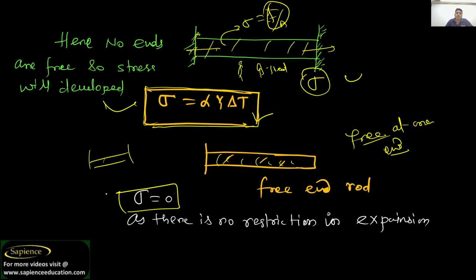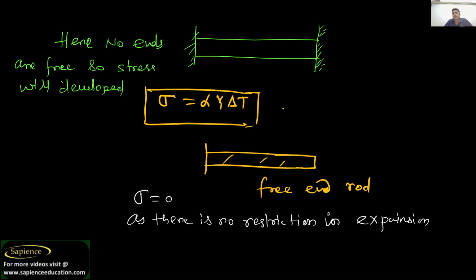If we expand this formula, we can write sigma is equal to alpha into Y, Young modulus of elasticity, into T minus T naught, where T naught is your initial temperature and T is your final temperature.